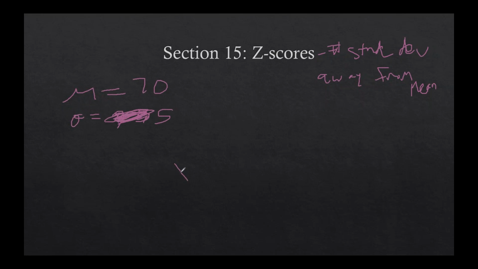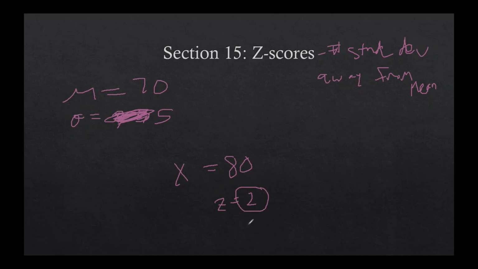If I said we have a value of 80, I'm using easy numbers on purpose. Well, think about it. If the mean is 70, standard deviation is 5, and my value is 80, 80 is 2 standard deviations above the mean, right? Because 5 plus 5 is 10. So this would have a z-score of 2 because it is 2 standard deviations above the mean.